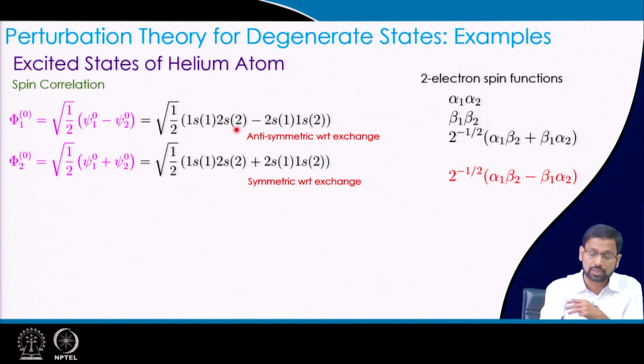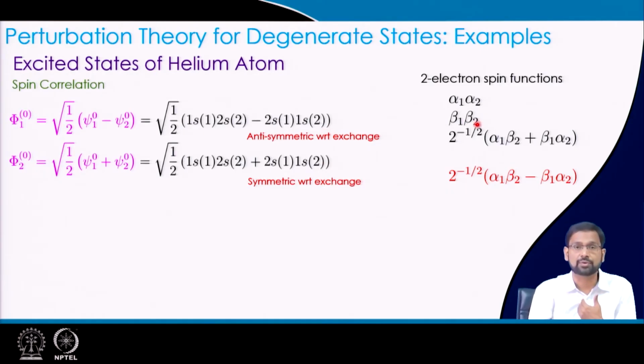So we will couple the spatially antisymmetric function with the symmetric spin part, and we will take the orbitally symmetric part of the function with the antisymmetric spin function. When we couple symmetric with antisymmetric, and antisymmetric with the symmetric spin function, we get both the ground as well as the excited state wave function to be overall antisymmetric when I consider the orbital nature and spin nature of the electron together.